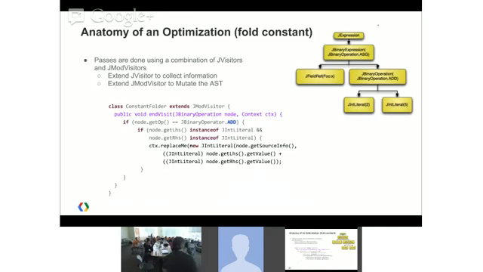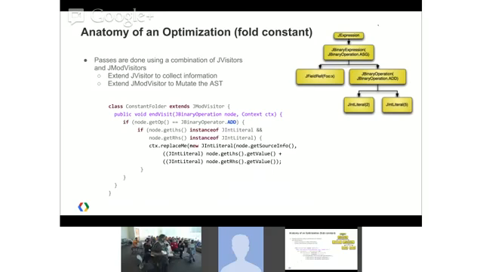In general, most of the optimizations are a pattern match. You can think of this almost like a regular expression, though not very close. Basically, first I want to scan the whole tree and match everything that's a binary operation, plus, equals, or whatever.